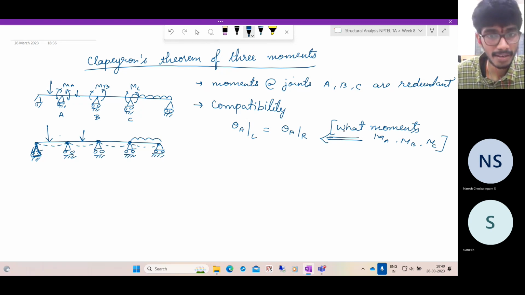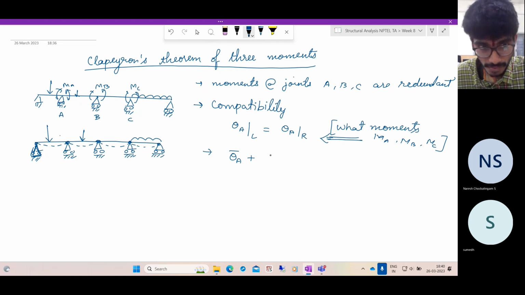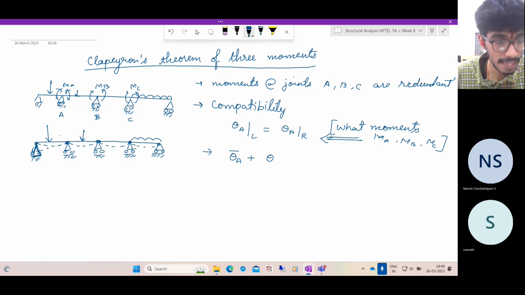That is the idea. So again, they use the principle of superposition. They find the rotations due to the applied loading plus those that are caused by the redundant moments. So the good thing is, if you take this span, in the primary structure, once you apply the first redundant moment, that moment will have no effect on the spans that are away from this.